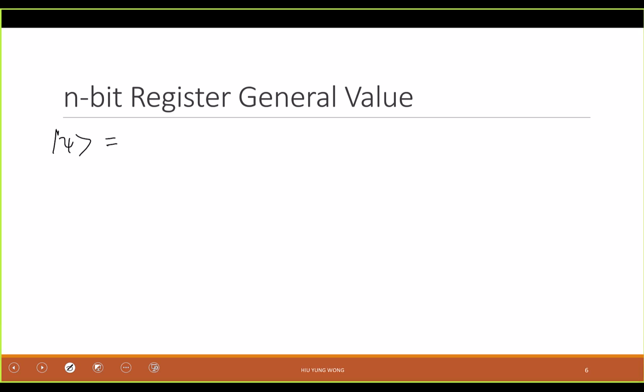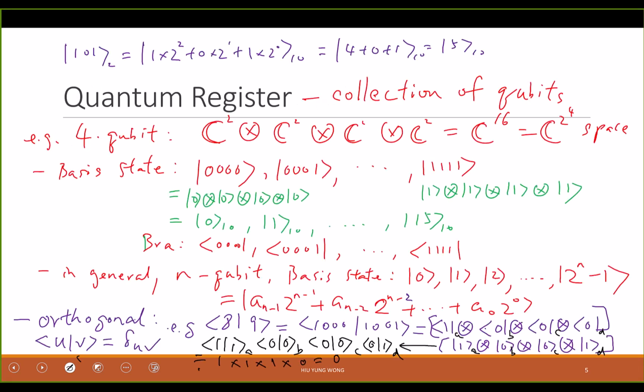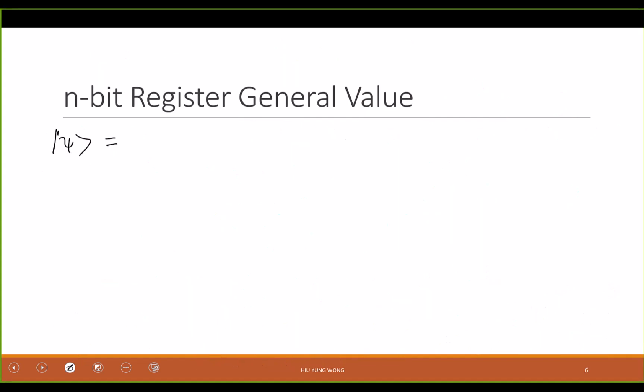What is the keyword? Besides, I can store |0...0> all the way to |2^n minus 1>. What else can I store as a quantum register? Well, superposition, linear combination of the basis states, right? So you can store the sum from x equal to 0 all the way to 2 to the power n minus 1 of c_x times |x>, with complex coefficient c_x.